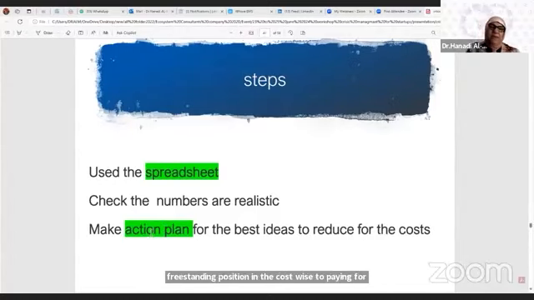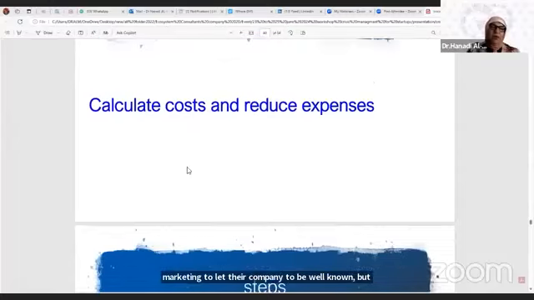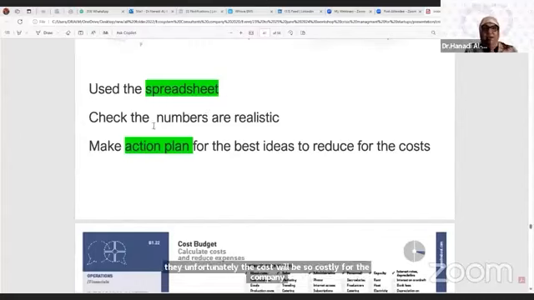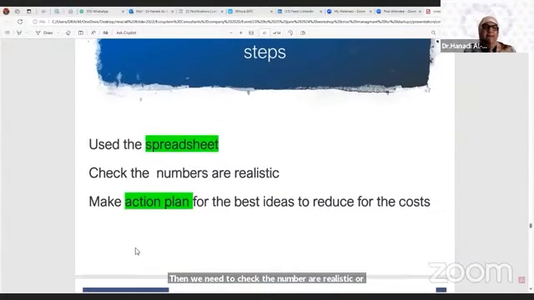Then maybe they need to pay for the marketing to let their company be well known, but unfortunately the cost will be so costly for the company. Then we need to check the numbers are realistic or reduce their prices or expenses.